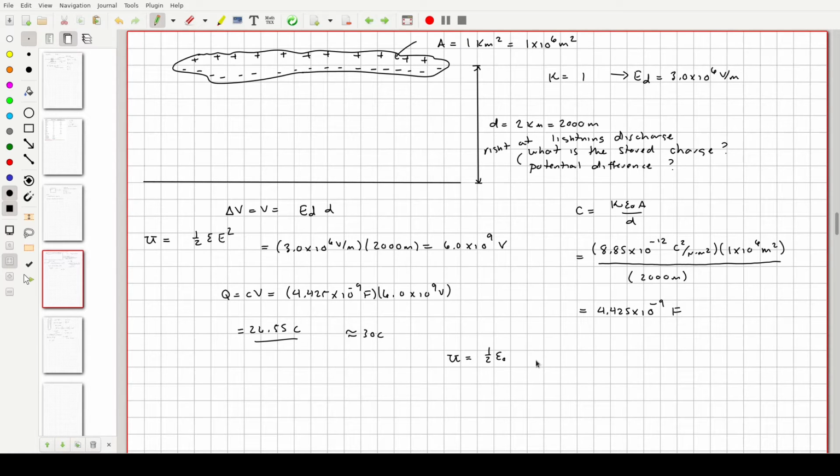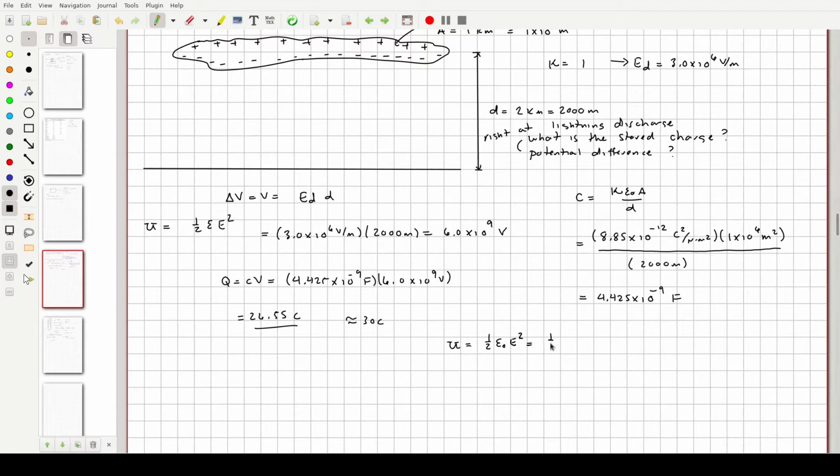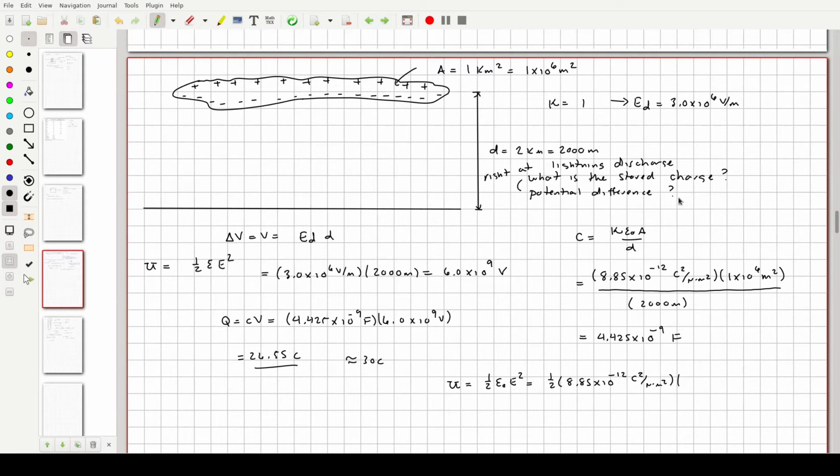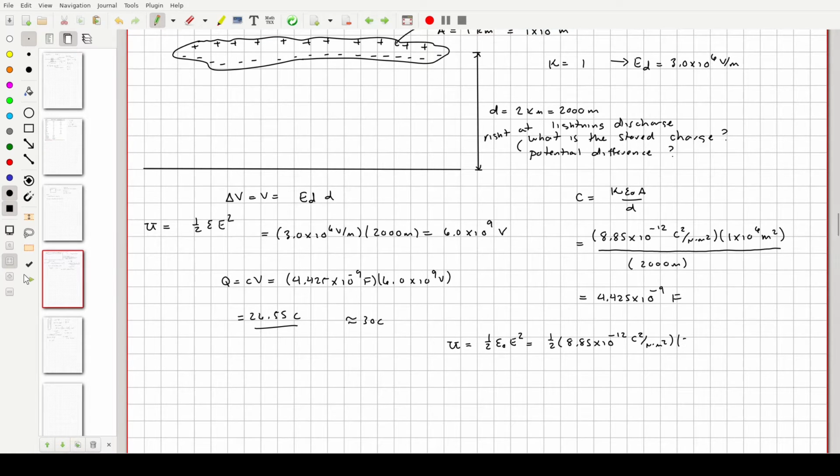It's air. 1/2 times 8.85 times 10 to the minus 12th coulomb squared per Newton meter squared. The electric field is this right here, 3 times 10 to the 6 volts per meter. You got to square that.